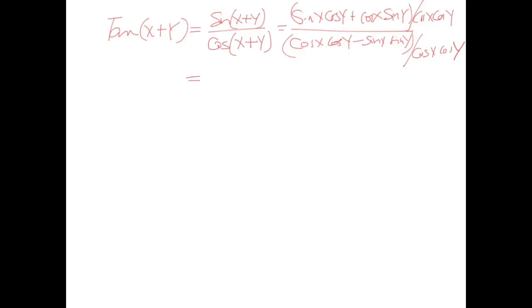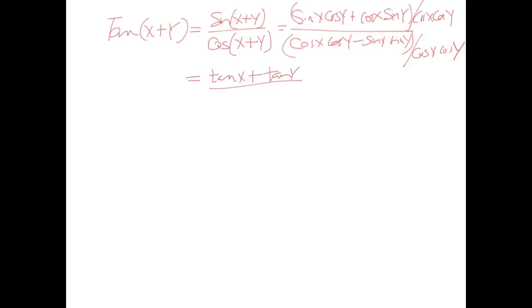If we divide sin x cos y by cos x cos y, cos y is cancelled, and we get tan x, plus cos x sin y divided by cos x cos y. So cos x is cancelled and we get tan y.